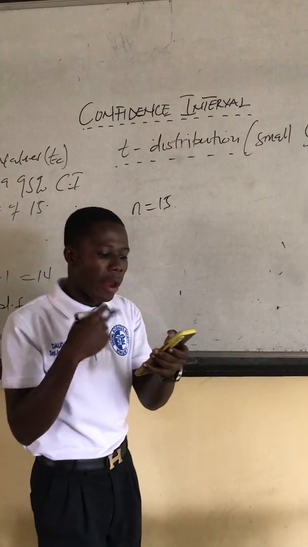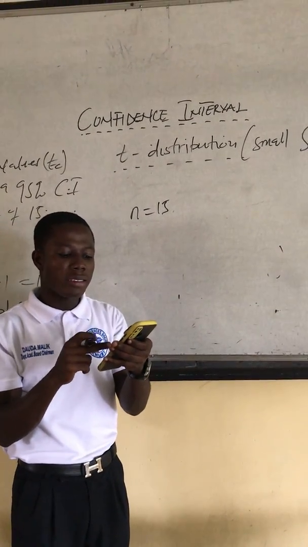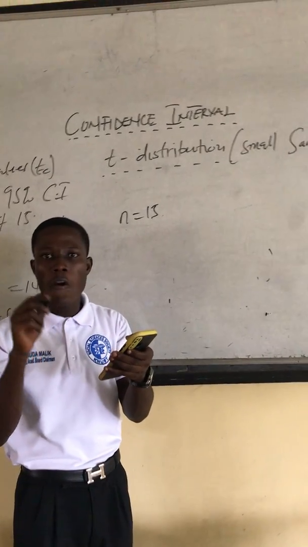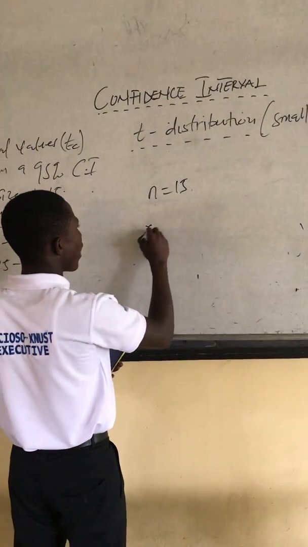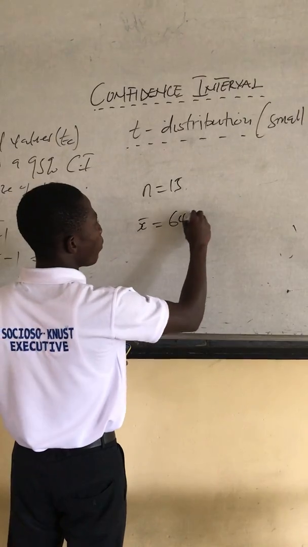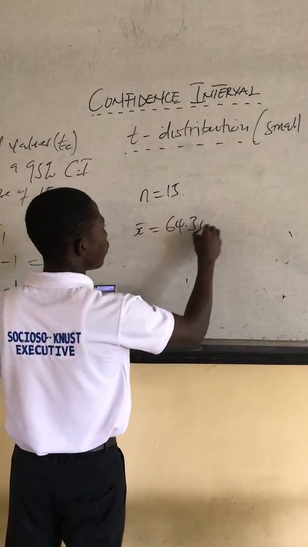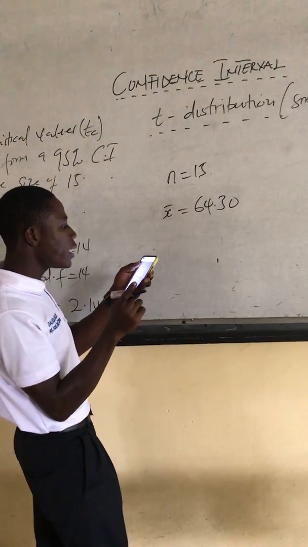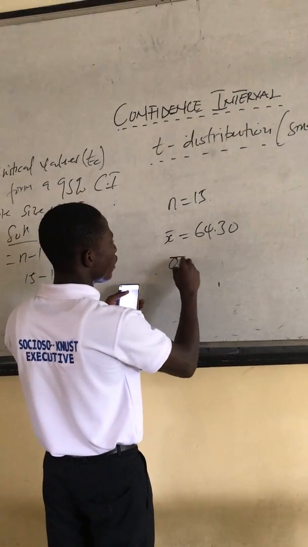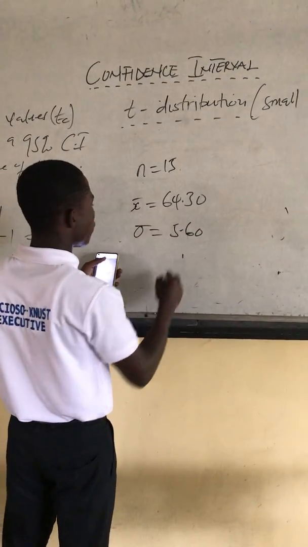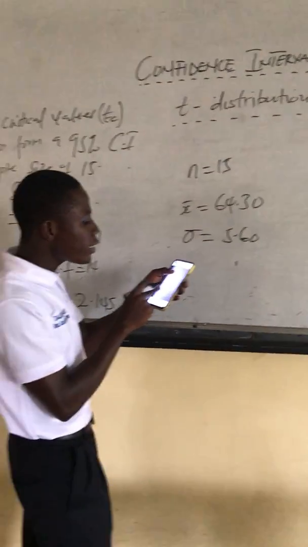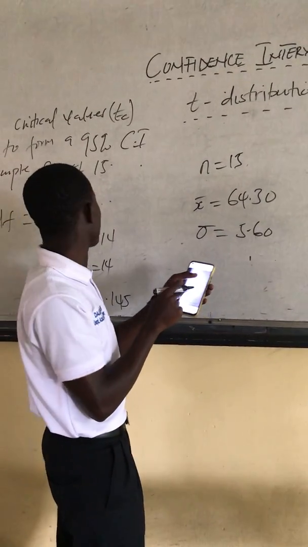So I read, a random sample of 15 DVD players has a mean price of 64.30, and a standard deviation of 5.60. Find a 95% confidence interval.